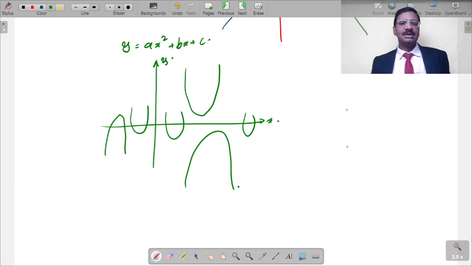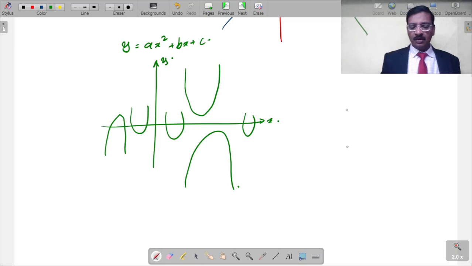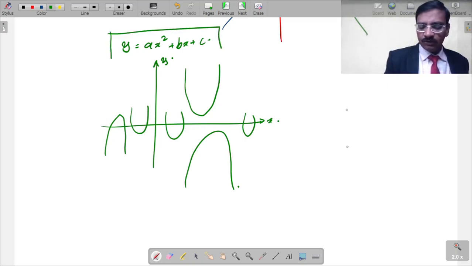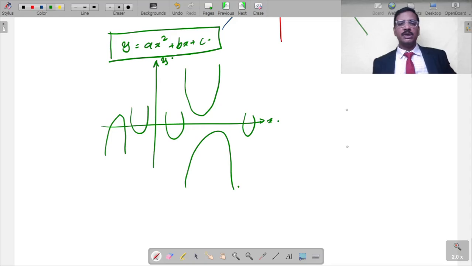The shape is a kind of U shape if you draw the graph for any quadratic function y is equal to ax square plus bx plus c, it will always be either a U shape or an inverted U shape, but can be located anywhere on the graph, right?